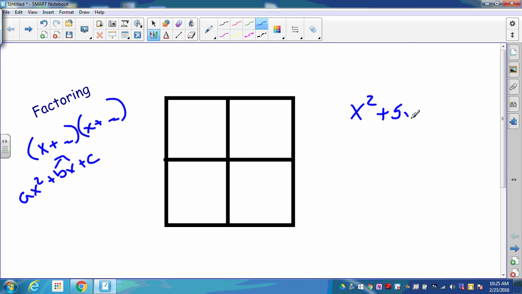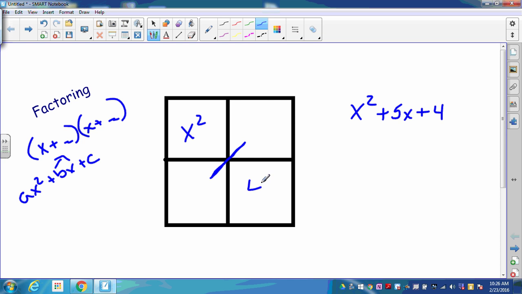So let's say we have the quadratic x squared plus 5x plus 4. Okay, so we know that the x squared is going to go here when we did our multiplication, right? Now we know that the 5x has to go in these two boxes, but we're going to have to figure out how to split that up.